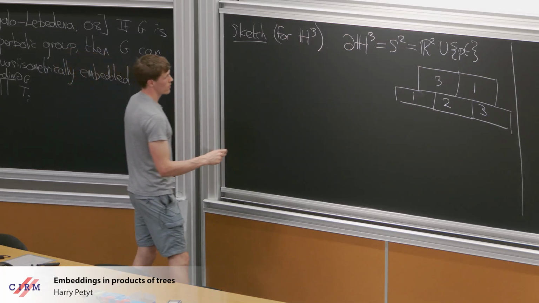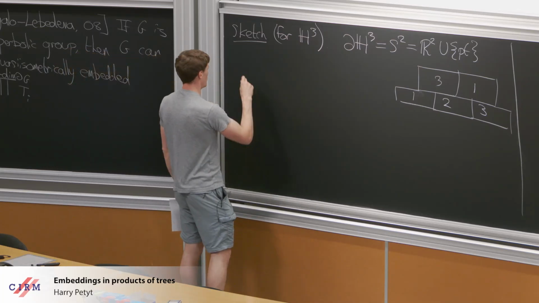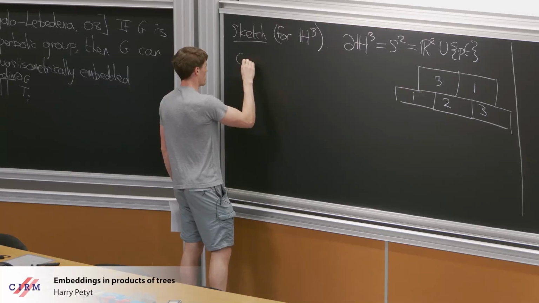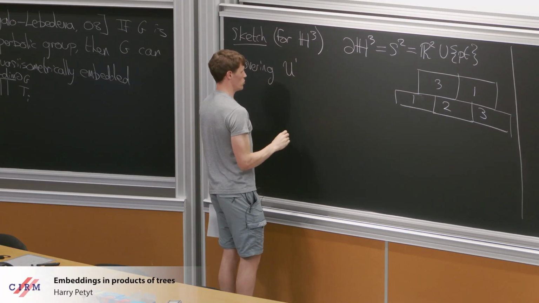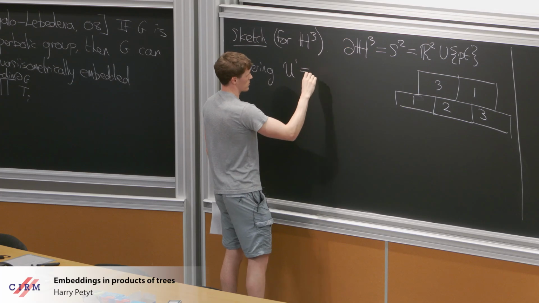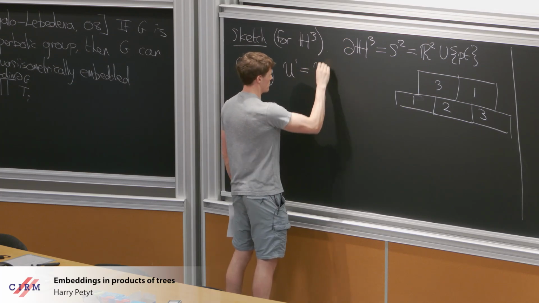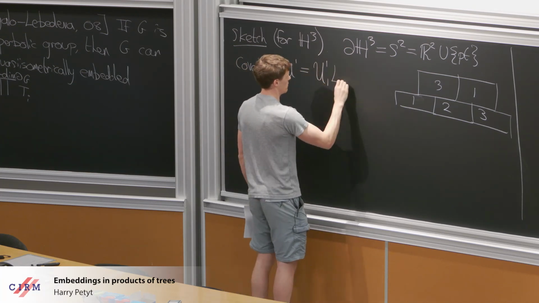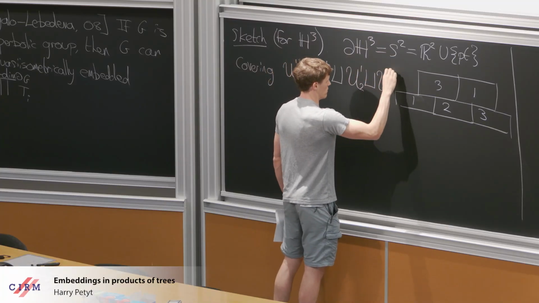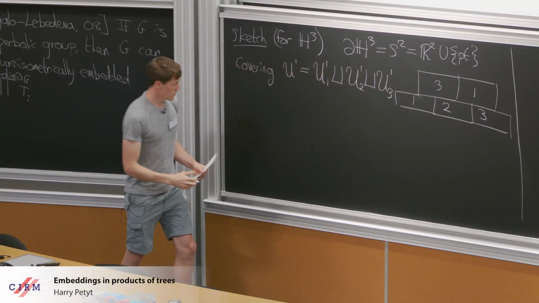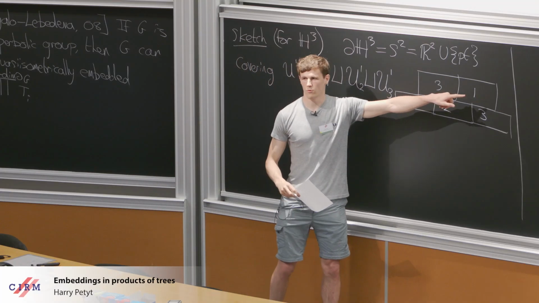Okay? So I get a covering of the plane, which I'm going to call U1, and it's composed of 3 parts. The first color, the second color, and the third color. Okay, so U1,1 consists of all of the bricks labeled 1.